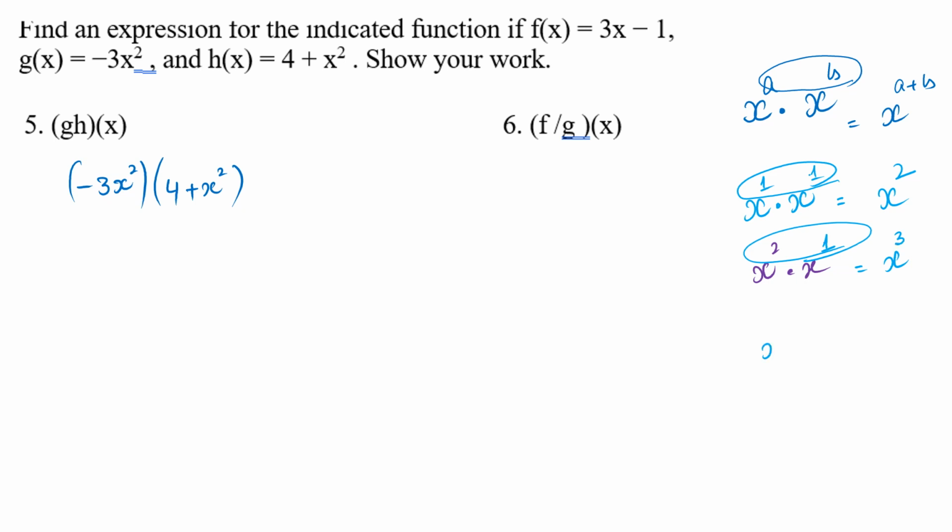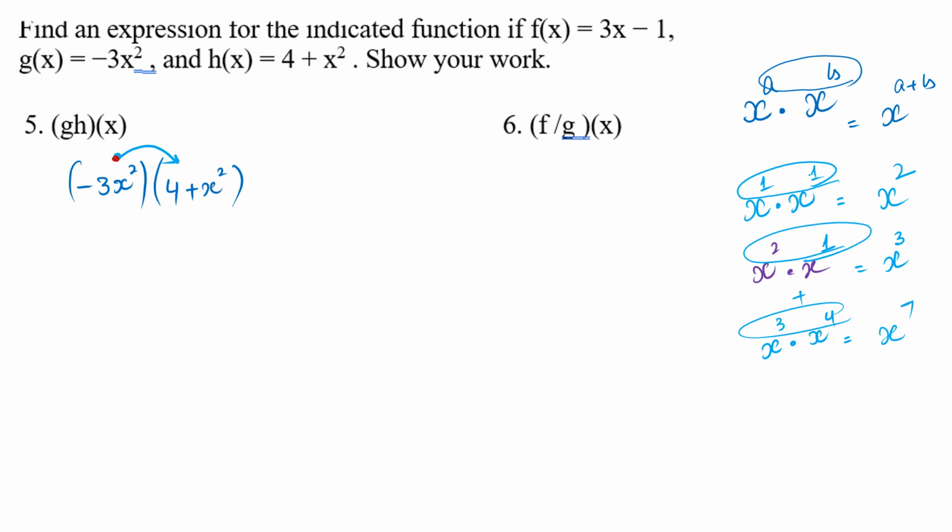Take one more very clear example, x to the power of 3 times x to the power of 4. We write the base as it is, but we add the powers. So 3 plus 4 is 7. Now when we multiply this term by all the terms of the second bracket, so negative 3x squared times 4.